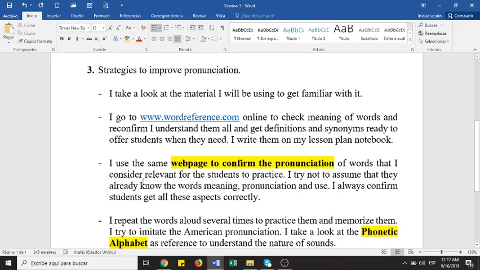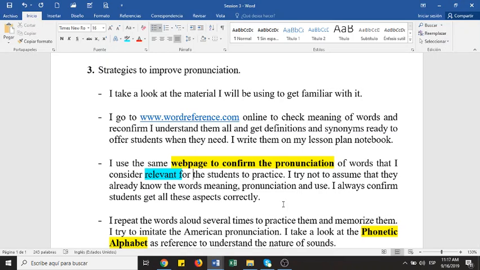When I say relevant, it's because I think they might know some words, but words that are relevant, like border, affair, or other words that they might want to know, or that they know but are not very sure of. So I try not to assume that they already know the meaning, the pronunciation, and use. I always confirm students get all these aspects correctly.